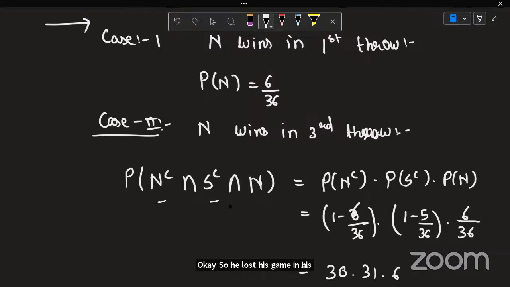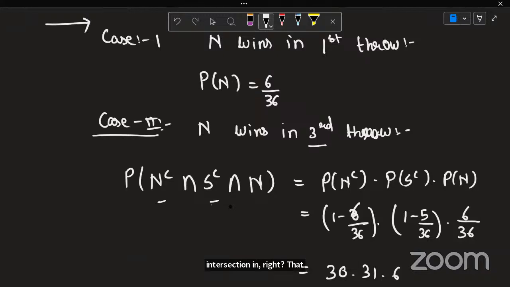So again, the turn of Nina will come. If Nina lost the first throw, her turn will come in the third throw if Sam loses, right? That's why I went for the third throw. So I just write it as N complement intersection S complement intersection N, right? That means in the first trial, Nina lost.